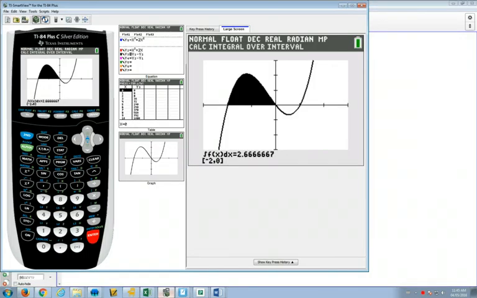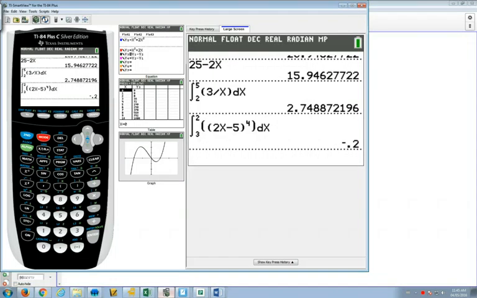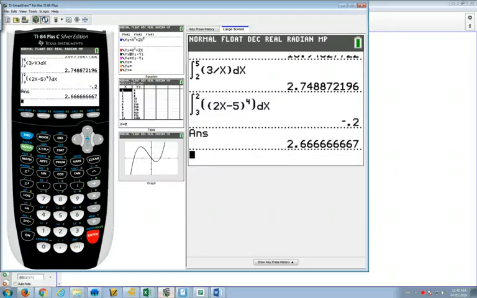Okay? It comes up as a decimal, not as a fraction. The nice thing is, anytime you calculate something on your calculator, the calculator now knows this is the last answer you found. So if we go out of this screen and I just want to see what my last answer was, I can go second, answer, and push enter, and it still has 2.667 in there.